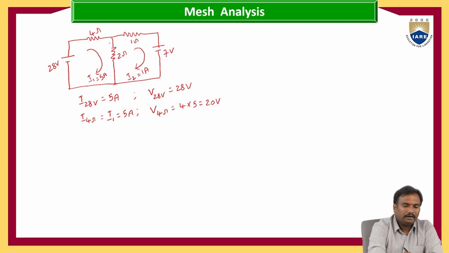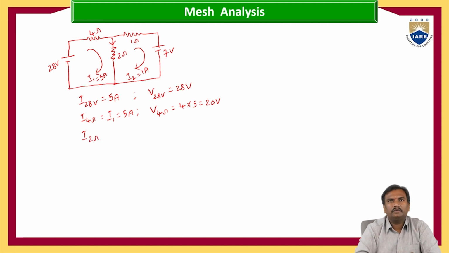Now we need to calculate what is the current flowing through 2 ohms. For this, we need to give our current direction. Because when we were writing KVLs, we took it in a different way, such that loop 1 current has higher magnitude and loop 2 current has higher magnitude.